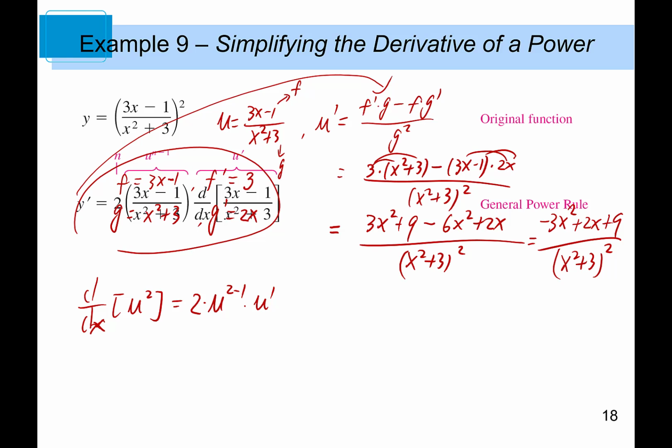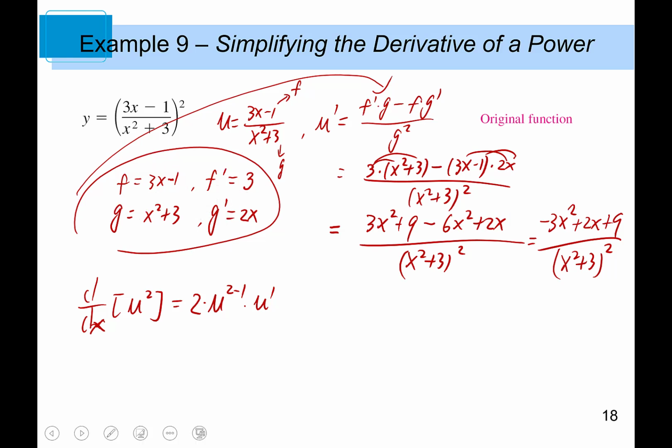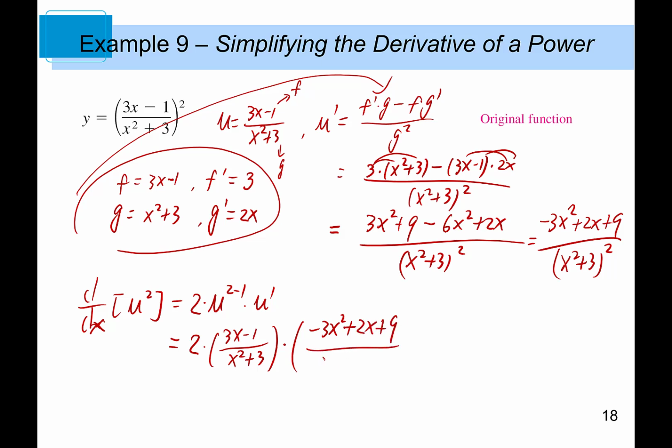So just replace u and u prime with the given expressions. So 2 times u is 3x minus 1 over x squared plus 3 to the first, but we omit it, right? U prime is negative 3x squared plus 2x plus 9 over x squared plus 3 squared.